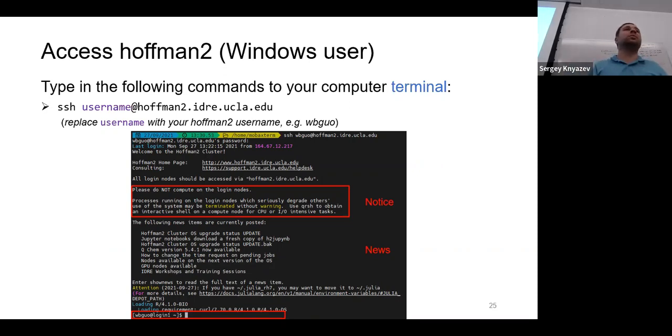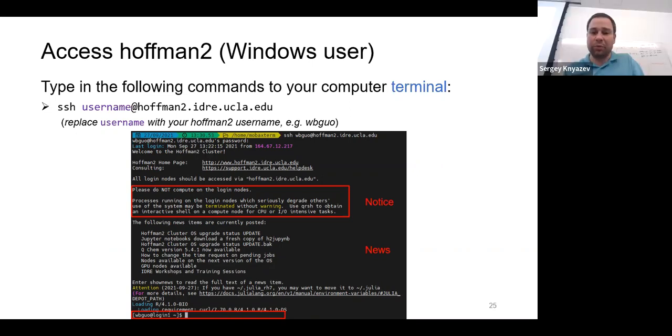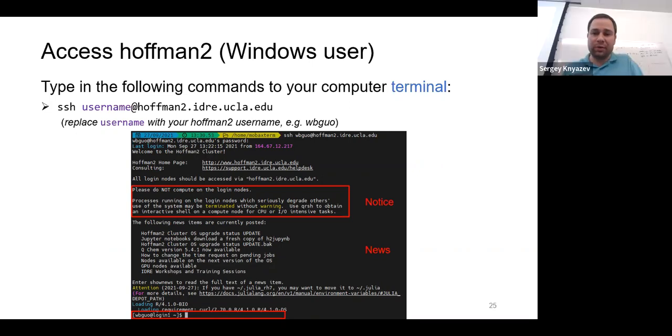Who else has any troubles? I do. I forgot my password, so it's telling me access is denied. I tried the ones that I thought I chose, but it's not working. Did you change your password as instructed? Yes.